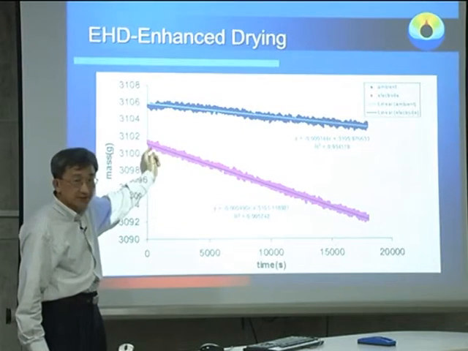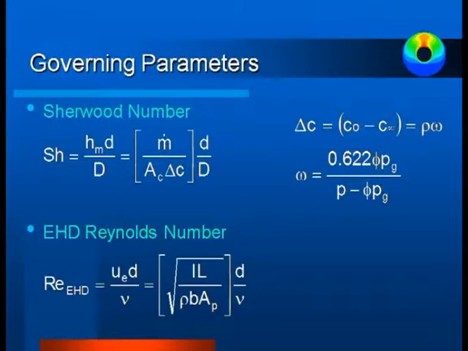So the slope will represent the drying rate. So if we take the ratio of this slope, then it will define. Okay, so here, in order to see the drying enhancement, we define the Sherwood number. Sherwood number you can see is similar to the Nusselt number, but this is for the mass transfer coefficient.